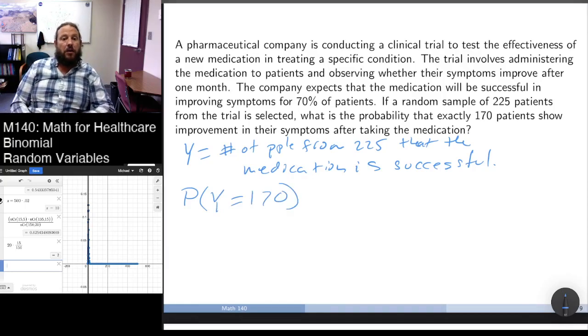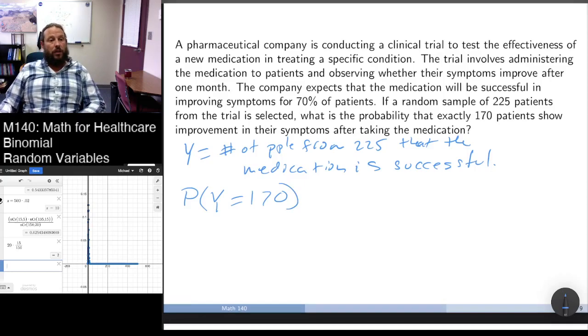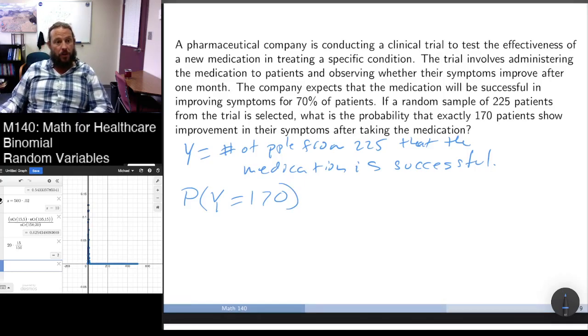Now I want you to check: is this binomial? What are our conditions? Fixed number of trials? Yes. It's either successful or it's not successful, so we have only 2 outcomes for each trial. Lastly, are they independent?